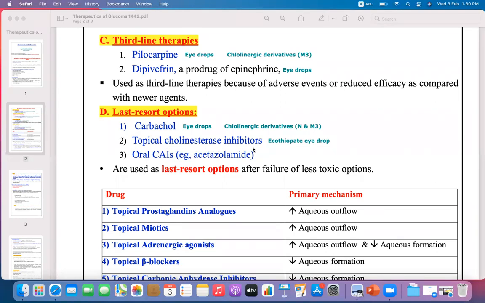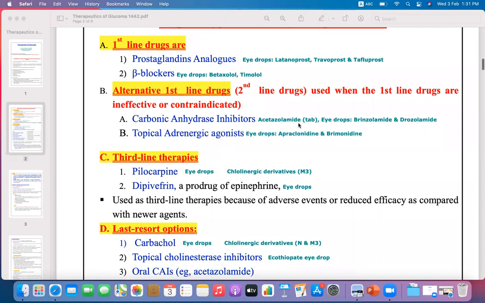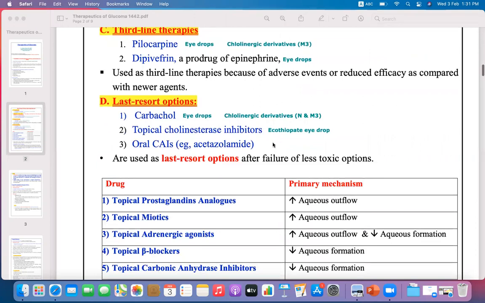Topical cholinesterase inhibitors are also cholinergic drugs, and an example is ecothiopate eye drop. They will reduce the intraocular pressure. Oral carbonic anhydrase inhibitor, acetazolamide, is available in tablet form, and it is the last option in the management of open angle glaucoma.